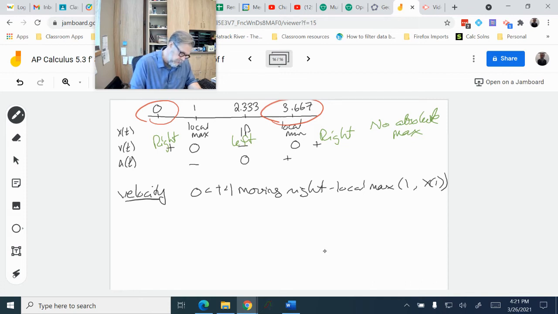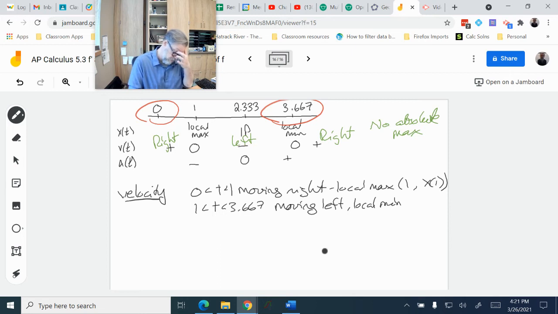From 1 to 3.667, the particle is moving left, and it reaches a local minimum at 3.667 comma x of 3.667. And for t greater than 3.667, it's moving right.